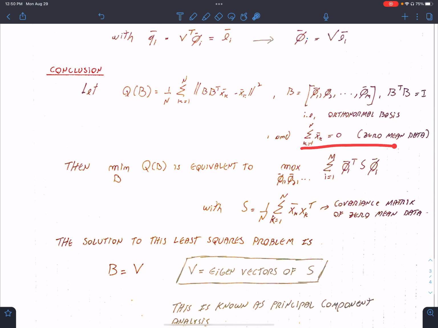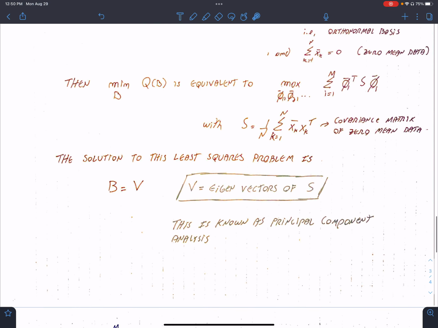We also assumed we have pre-processed the data to remove the mean. Then minimizing this is equivalent to maximizing that, where S is our sample covariance matrix for zero mean data. We would like to find the set of Phi's, or B, that maximize this.